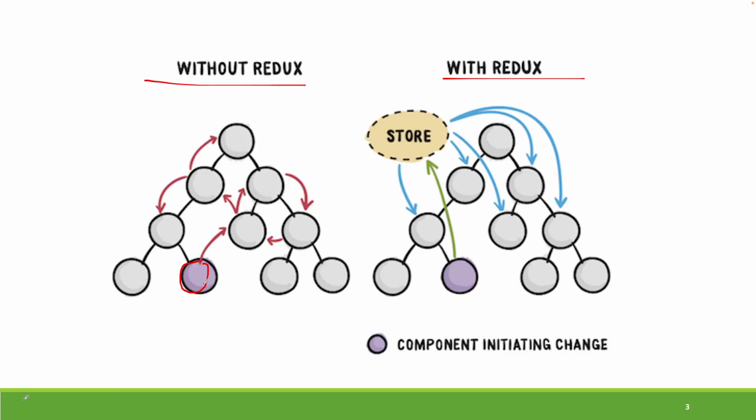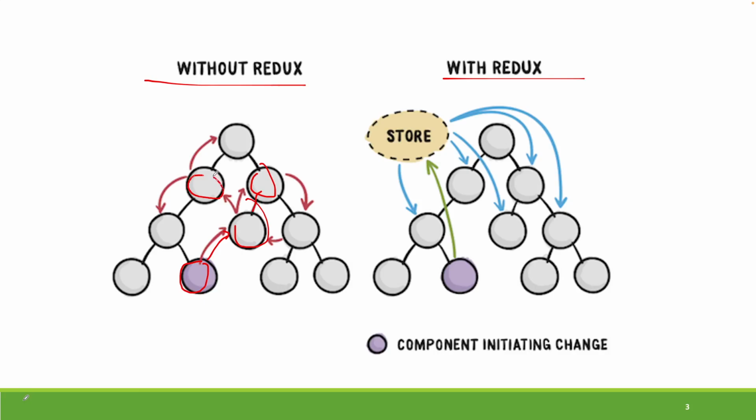It makes a change in the state, and it will also cause other components to react to the change in this component, which is labeled as purple here. So when the purple changes, it will cause this component to change. And when this component changes, it will cause this component to change.